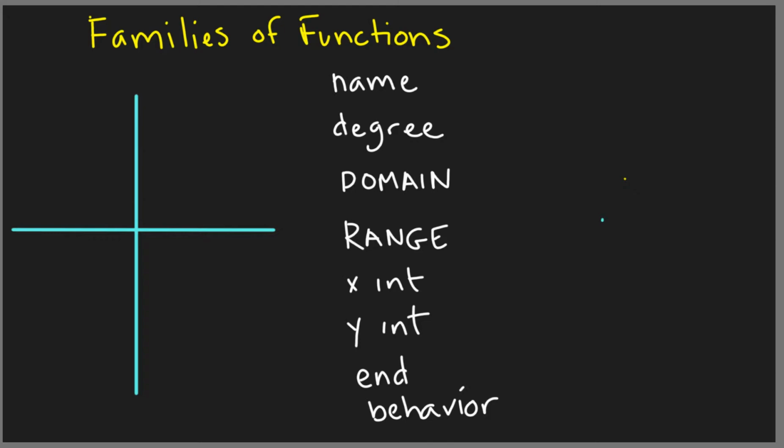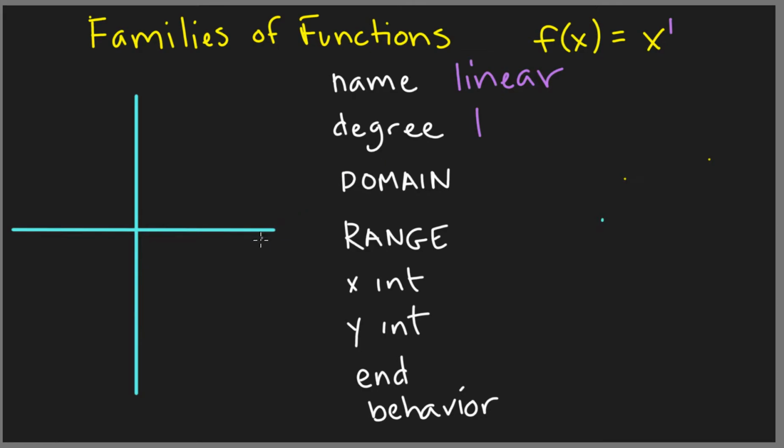All right, let's go on to the next function. My next function is linear. So f of x is equal to x. This name is, as we've said, linear. The degree, again, this one has something invisible as well. This is really x to the first power, so my degree is going to be equal to 1.